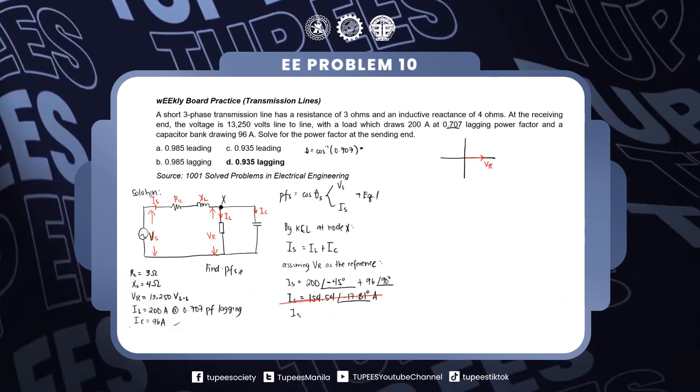So we have IS is 148.54 angle negative 17.81 degrees ampere.